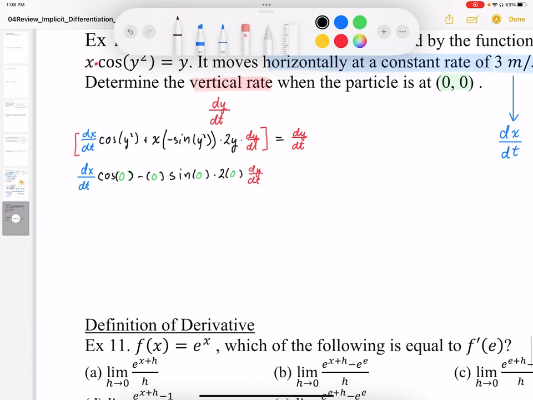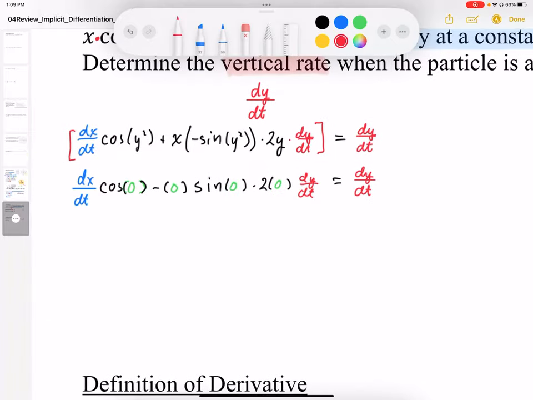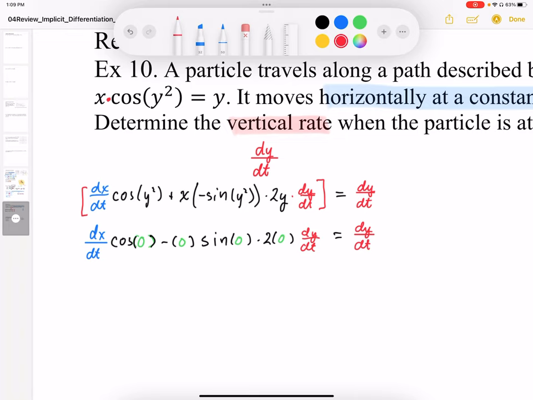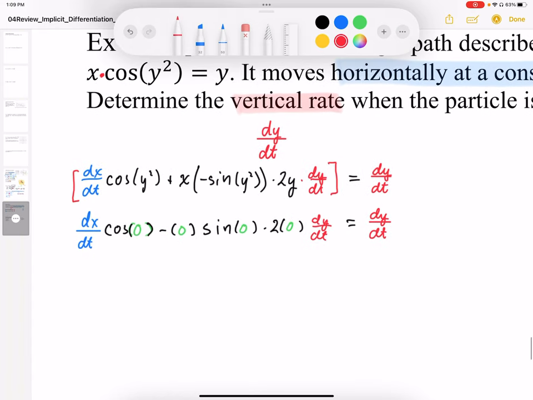Okay, and then on the right-hand side, I have my dy by dt, and that's what I'm solving for. Okay, so there's my derivative. I've differentiated implicitly. I recognize it's a related rate problem. I need to differentiate with respect to time. And then I've plugged in my zeros.